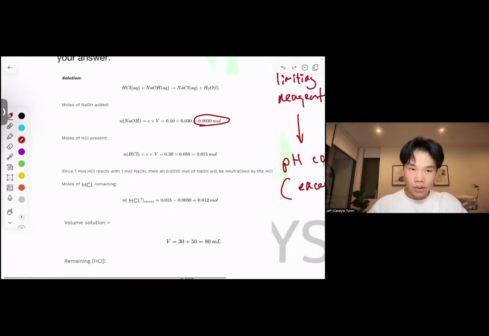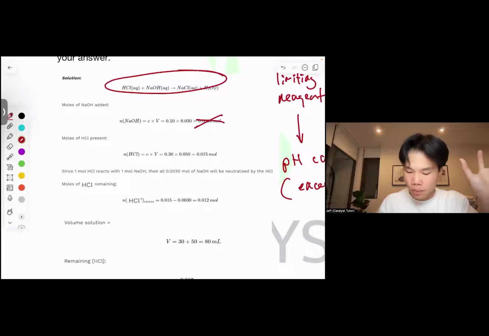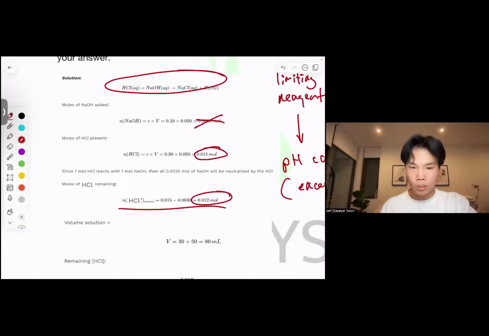And so based on that, we can find out what our excess reagent is. All of the HCl will get reacted and there'll be a little bit of NaOH left over. That's what you need to calculate your pH based on. So the excess other way around. All your NaOH will be reacted and you have a bit of excess HCl left over. Based on that, you find out how much excess HCl there is, 0.012 mole.